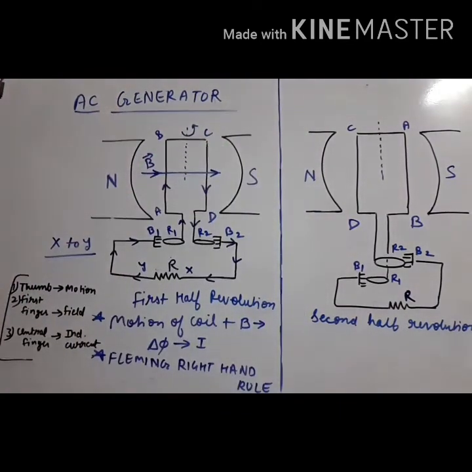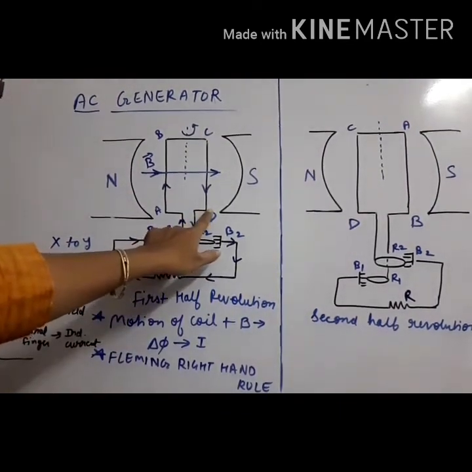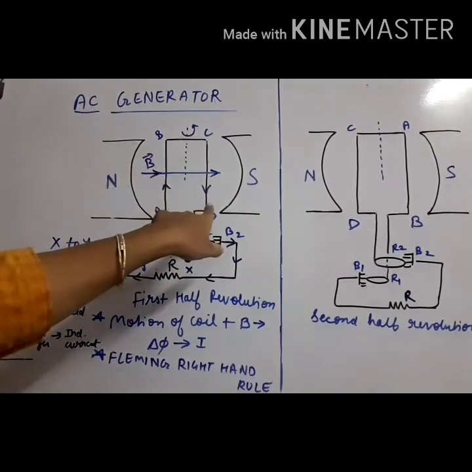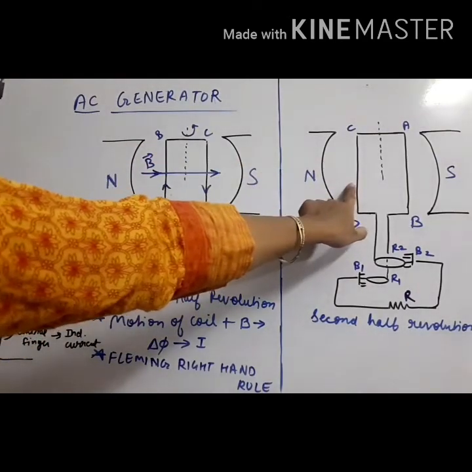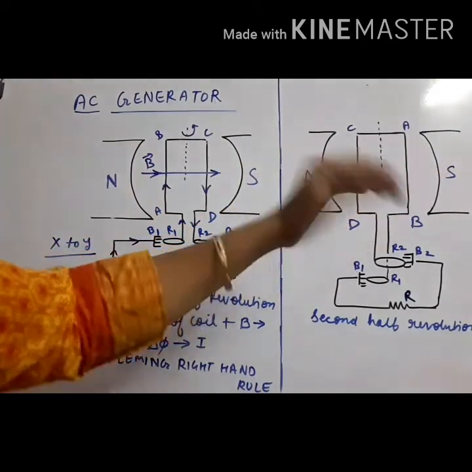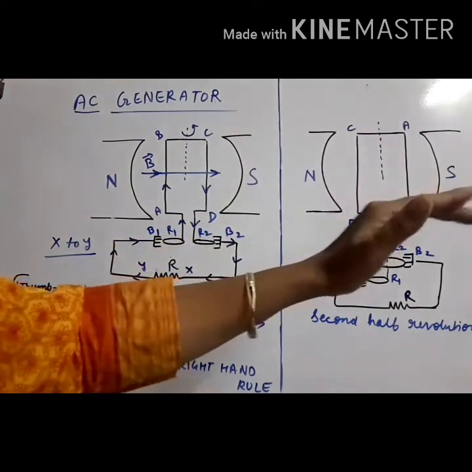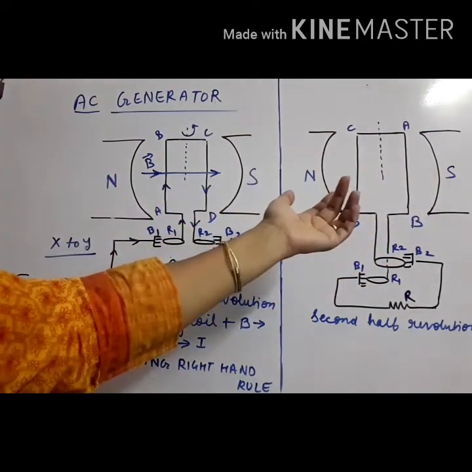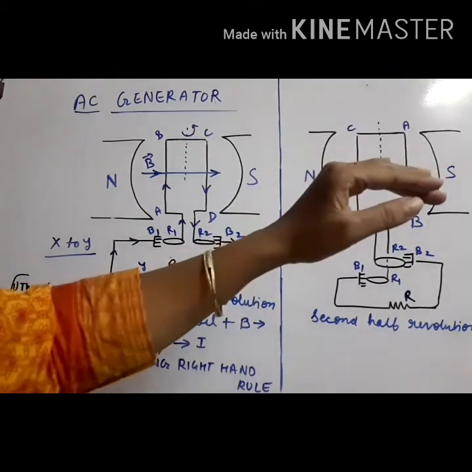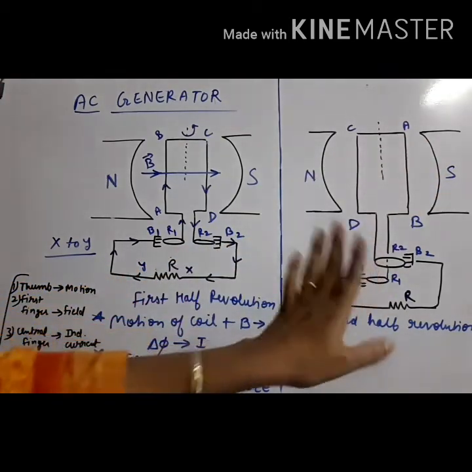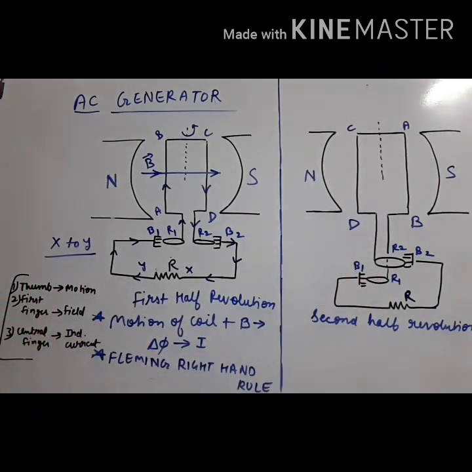For the first half revolution, CD went normally in. For this diagram, the revolution is continuing, so CD is coming outward. So here we have to take the motion of the conductor CD outward and we have to find the induced current direction. Let us understand now.